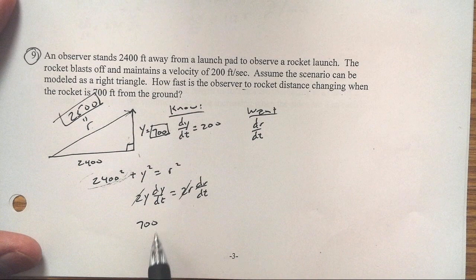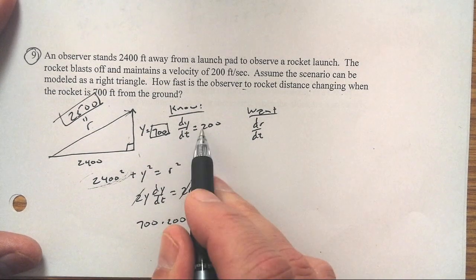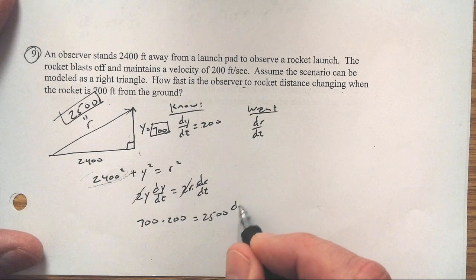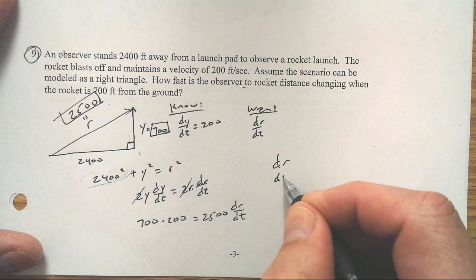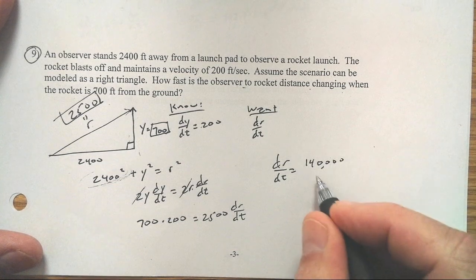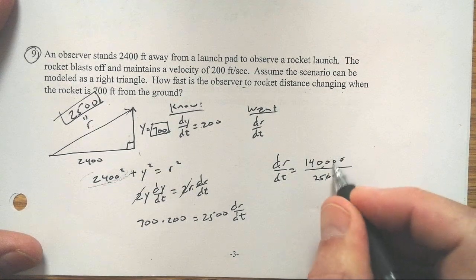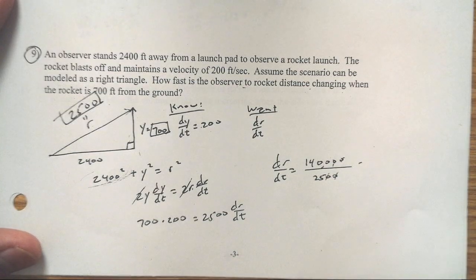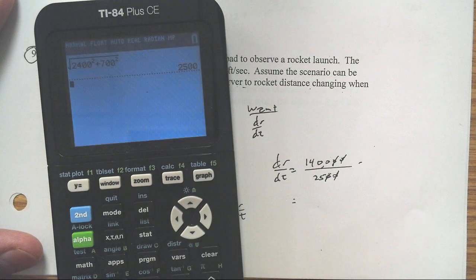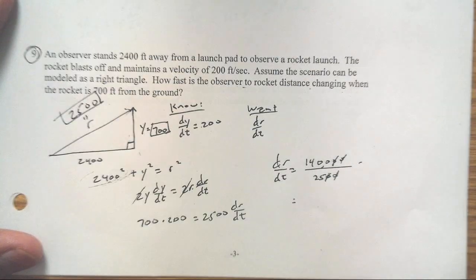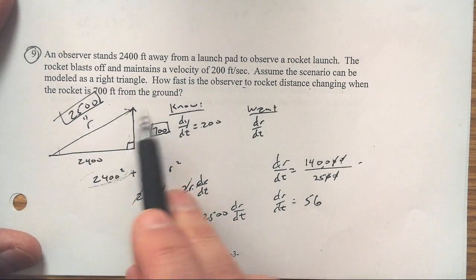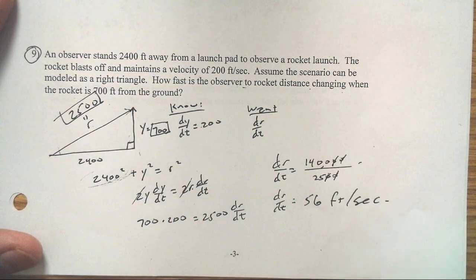So we got 700 times dy/dt, 200, equals r, 2500, times dr/dt, what we want. dr/dt is, let's see, that would be a 14 with 4 zeros divided by 2500, and let's just go ahead, cancel, cancel, 1400 divided by 25, and we get 56. dr/dt equals 56.